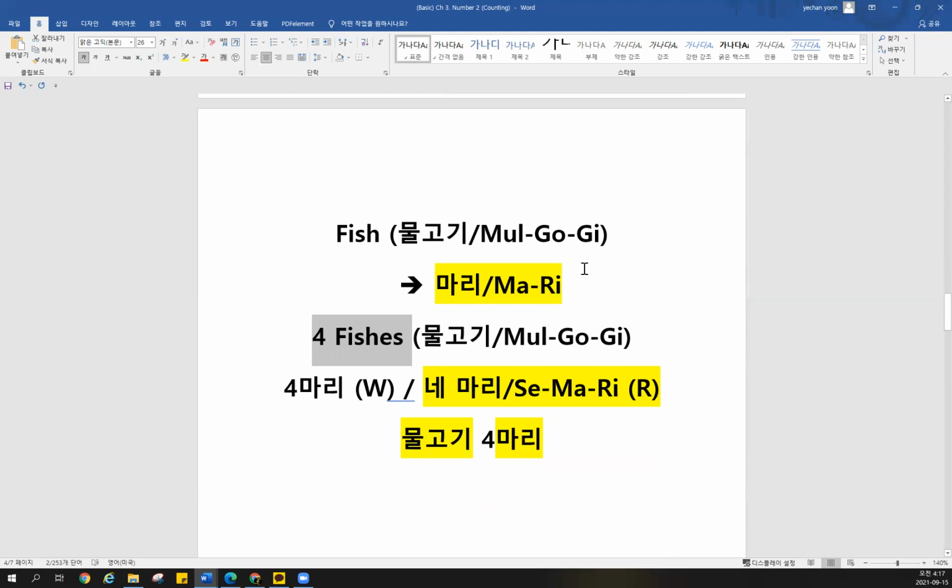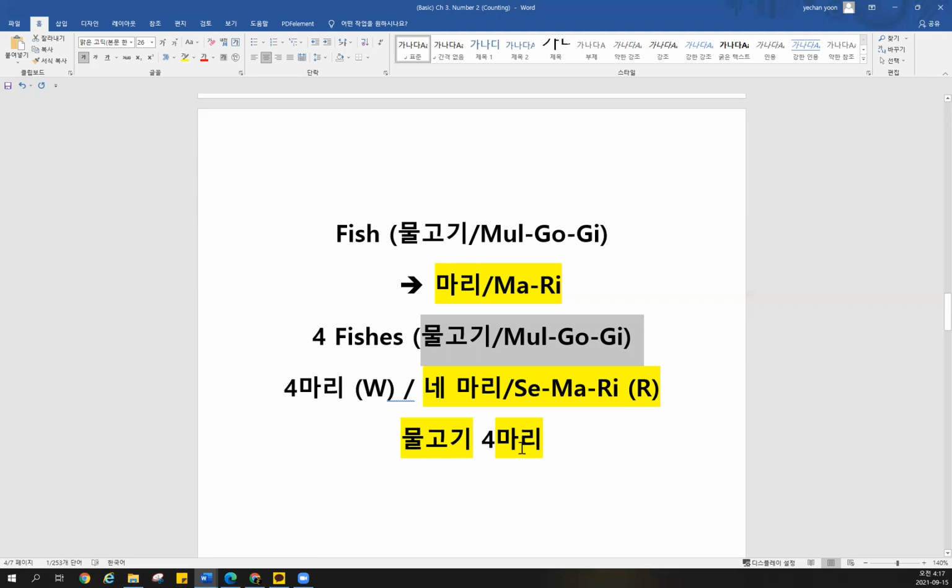That's all. So 물고기 4 is what? 넷. So 물고기 넷 마리. Changing form. 물고기 2 마리. Sorry guys. 물고기 4 마리. I just said 넷 and then I said 2. Oh my goodness, my brain. Okay, so 물고기 4 마리.